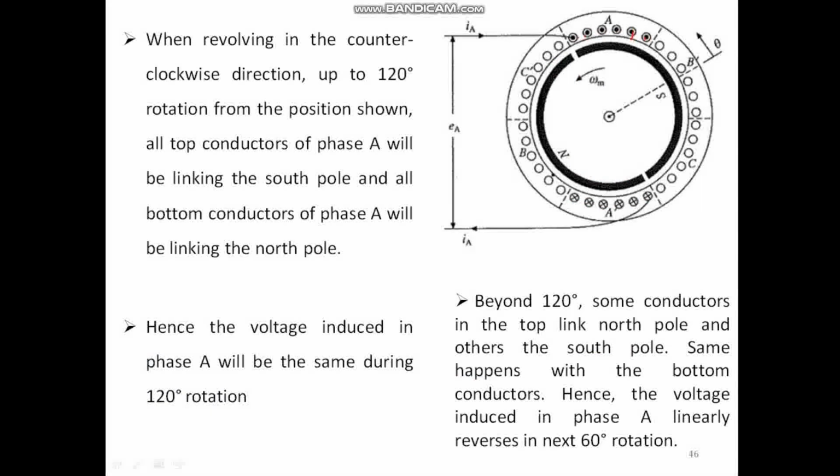Let me say 3 conductors are in this zone and 3 conductors are in this zone. It means beyond 120 degrees, some conductors of each phase will link with the north pole and some will link with the south pole. Hence the voltage induced in phase A linearly reverses in the next 60 degrees of rotation. That is beyond 120 degrees.